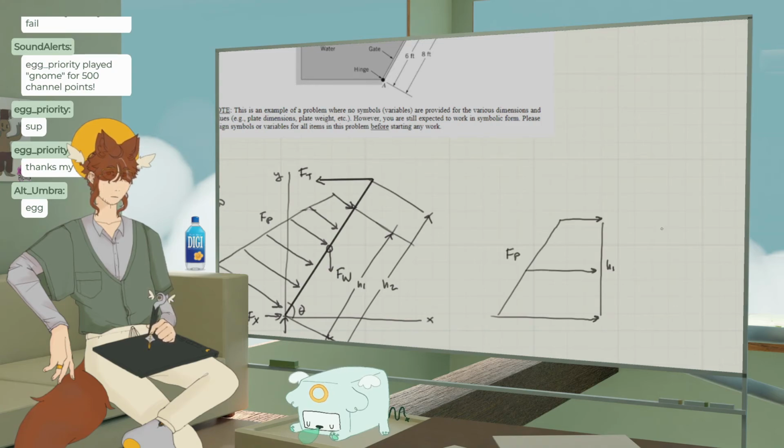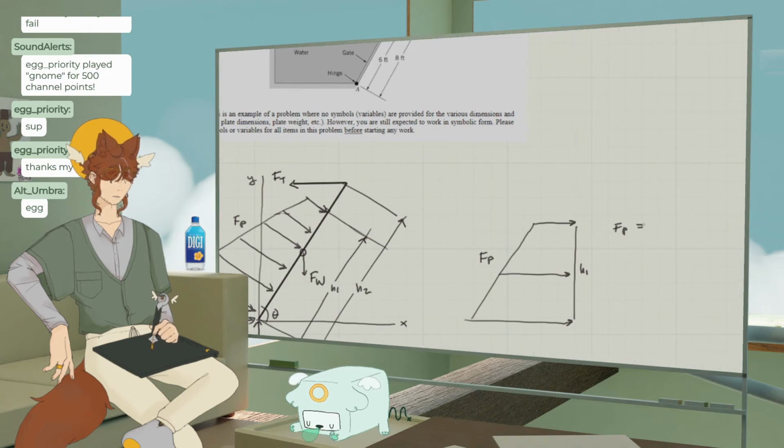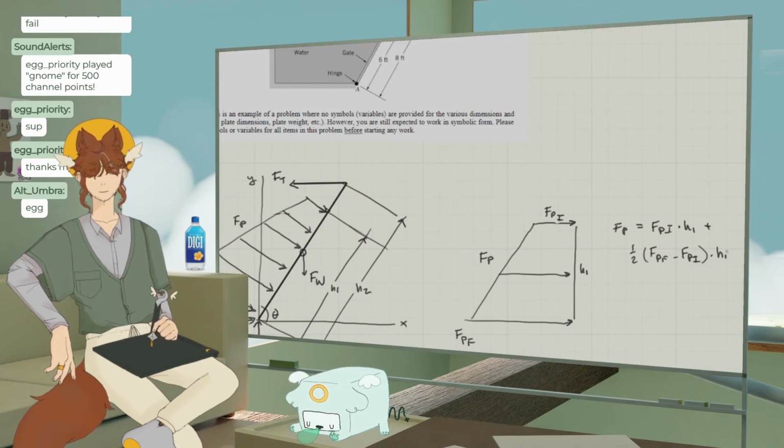So FP equals, I guess I should say FP initial, FP final, equals FP initial times H1 plus FP final minus FP initial times 1/2 times H1. Sure. I can pull out the H1, but I don't need to do that right now.